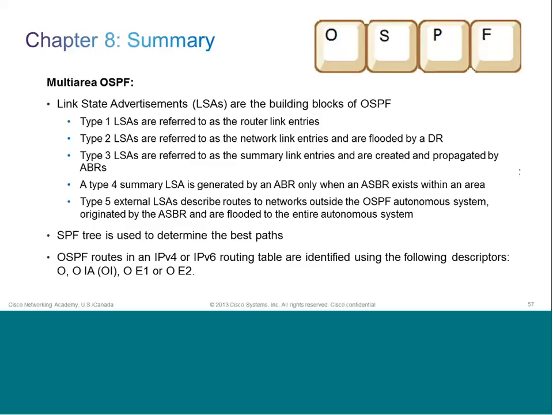Type 5 external LSAs describe routes to networks outside the OSPF autonomous system. These are actually originated by the autonomous system boundary router and are flooded to the entire autonomous system. So they're flooded to the entire OSPF domain.